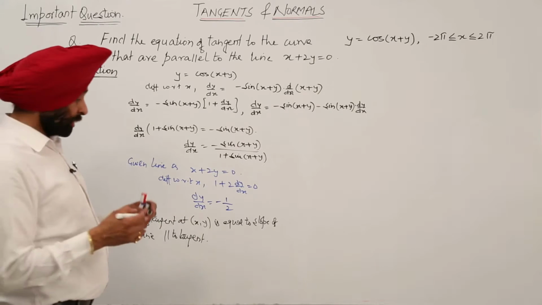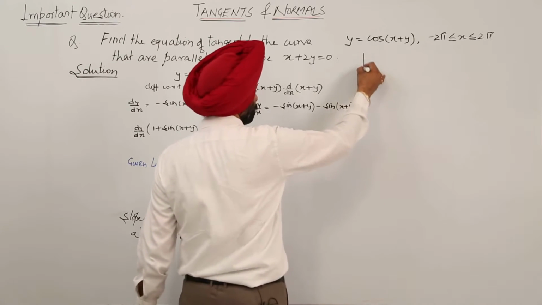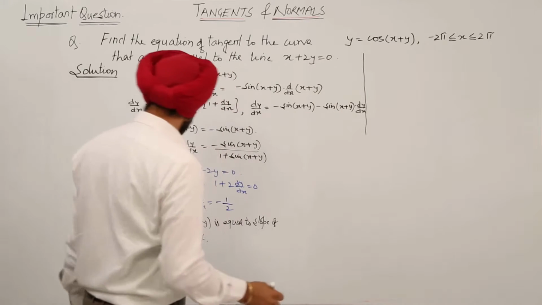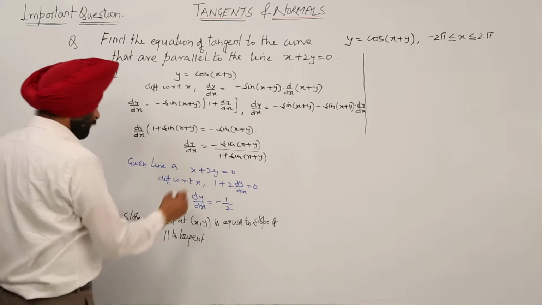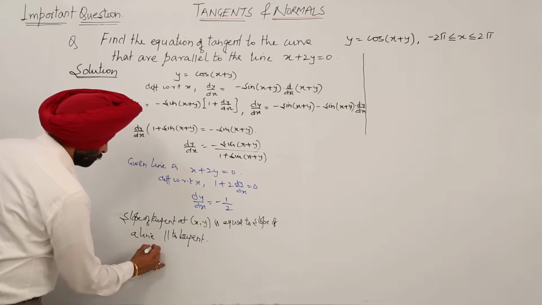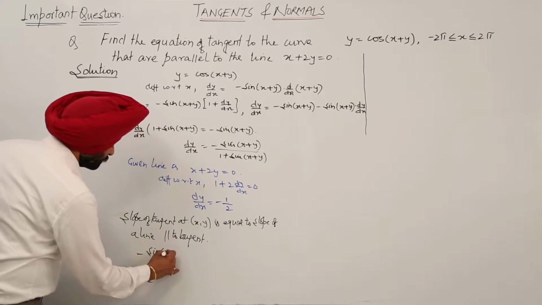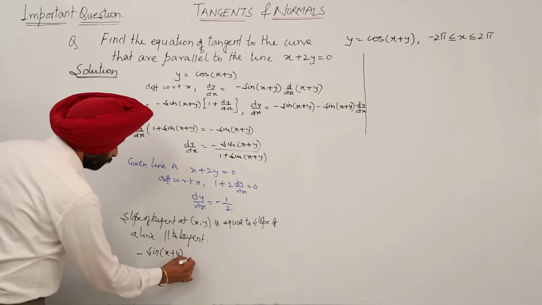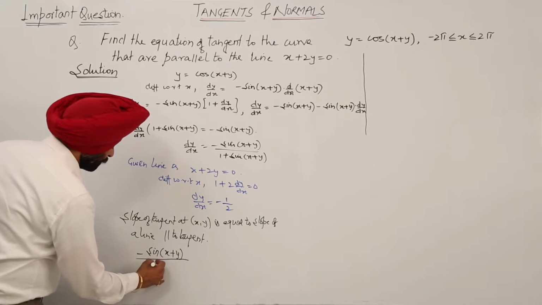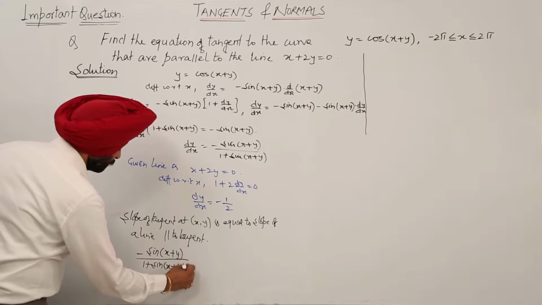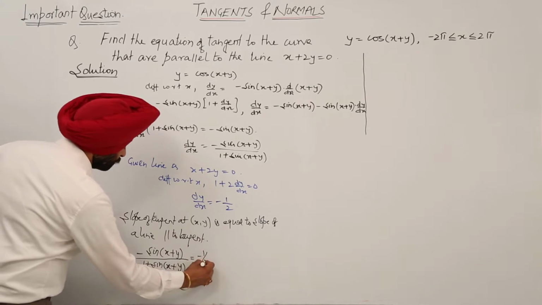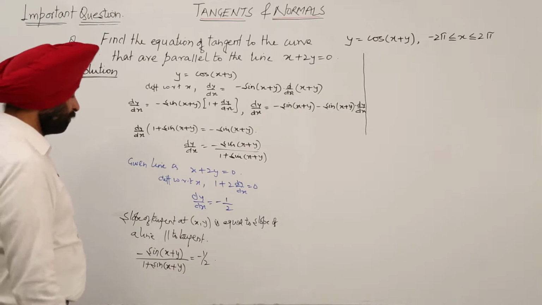Okay. Now what are we getting? Here we can write that -sin(x + y) upon 1 + sin(x + y) is equal to -1/2.